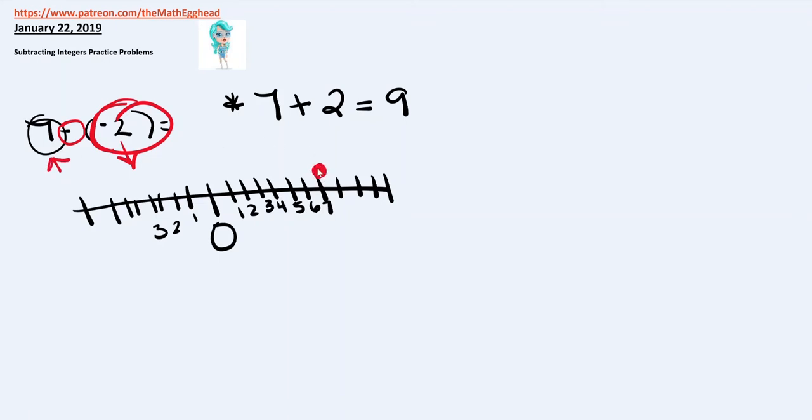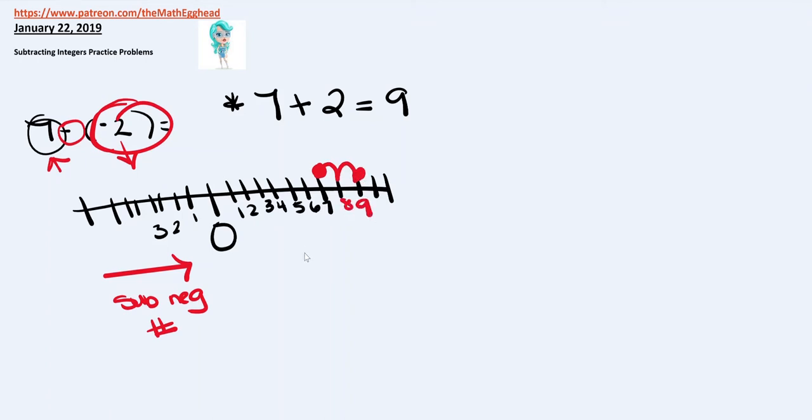You're starting on positive 7. You're subtracting. Well, we know that we're subtracting, but what are we subtracting? We're subtracting a negative number, correct? So when you're subtracting a negative number, you continue going to the right. So here it would be 8, 9.